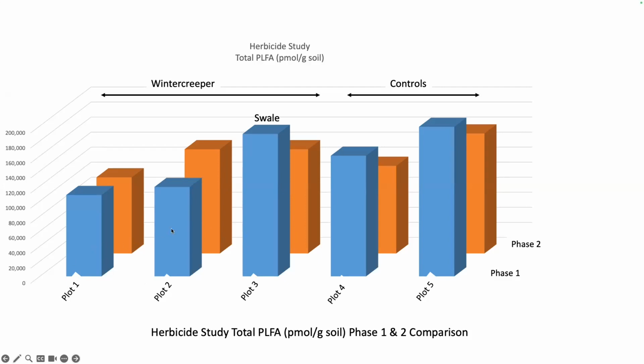In the evergreen area, after you killed it, and we waited a full year for some regrowth in the natives, actually your total biomass went up after treatment. So that's a really good sign. And in our controls, it went down. So that would tend to make me think that maybe there is something here with killing off the winter creeper and letting the natives come in. Maybe there is some increased biological activity.